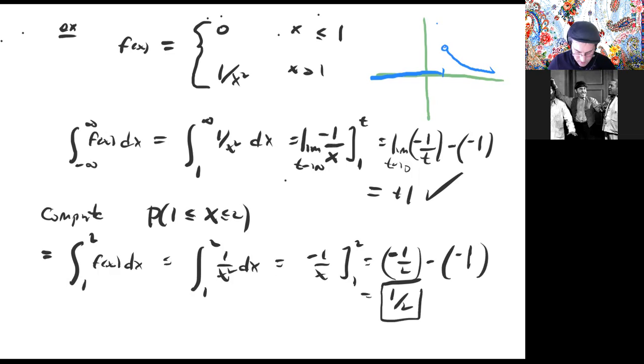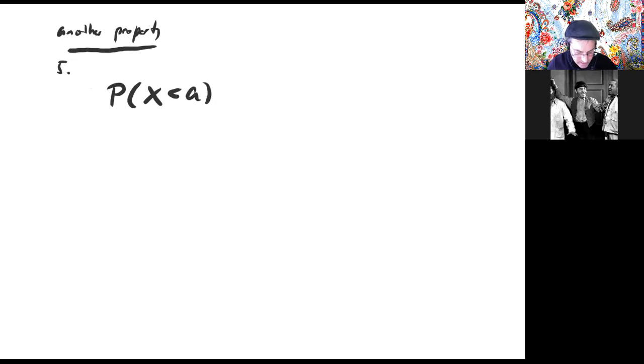Great. Okay, so that's an example. By the way, another property that's useful, let's call it property 5: the probability that x is less than a is the same as the probability that x is less than or equal to a.